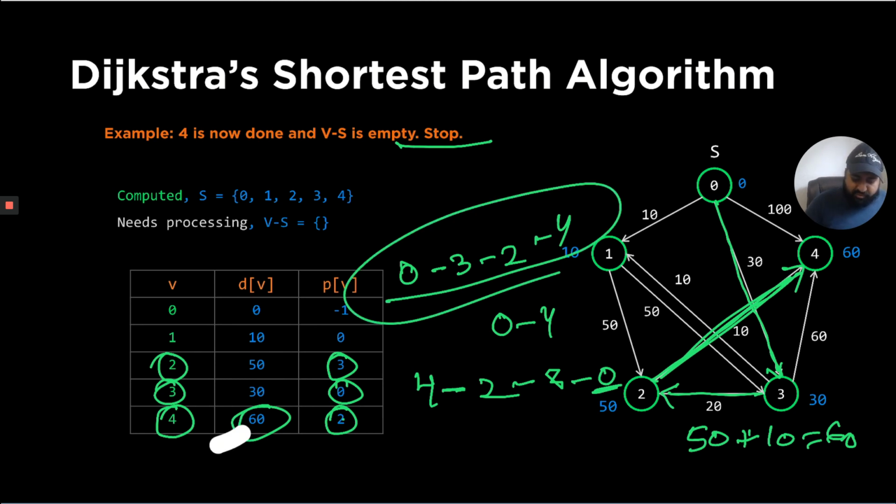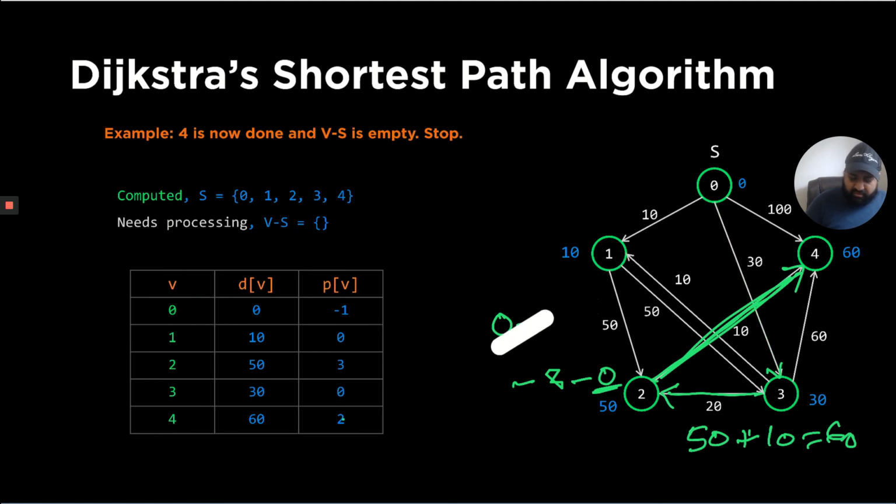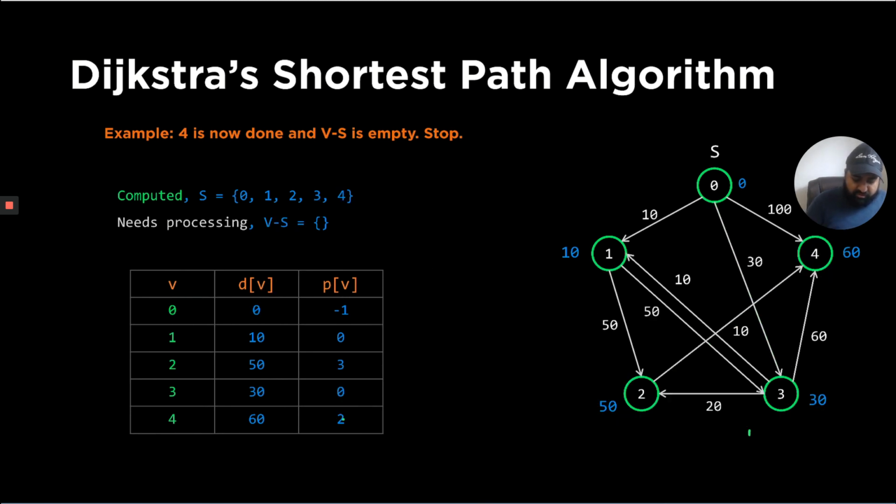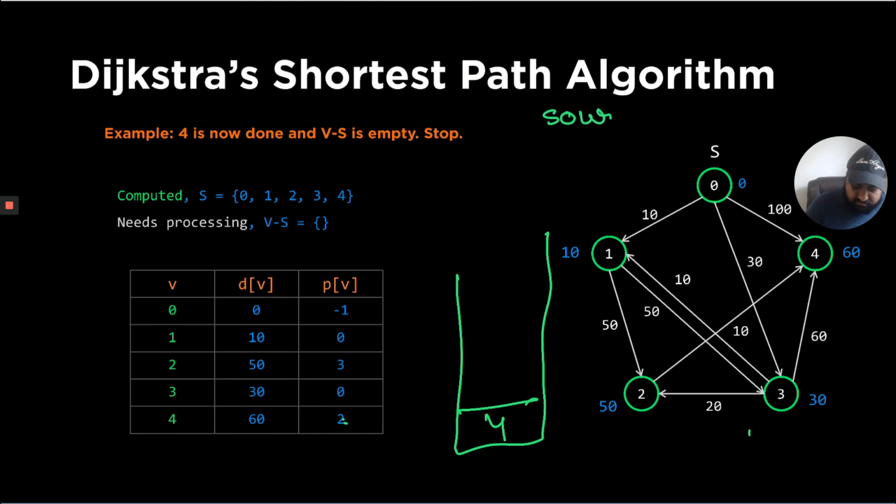If you are trying to calculate these paths programmatically, it is also pretty easy, because you can store the previous numbers. You push the destination node. So let's say I want to find out the path from source to 4: you push the destination, which is 4, onto the stack.